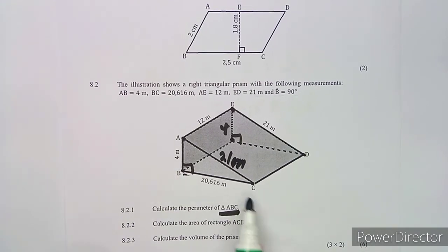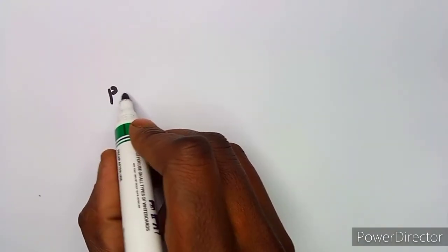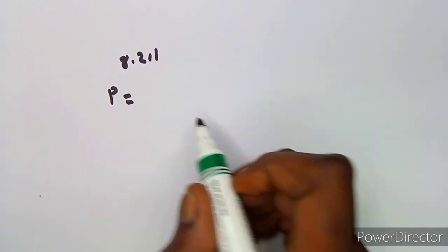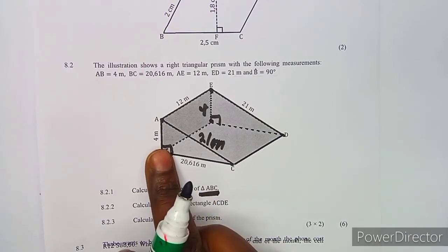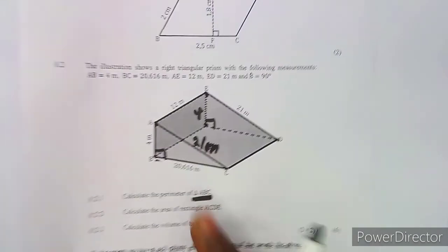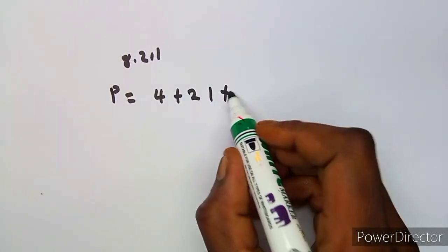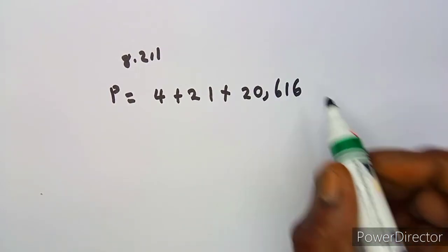Remember, guys, perimeter is the distance right round the shape. This is 8.21. So for perimeter, you add everything around the shape. Your perimeter is going to be 4 plus 21 plus 20,616 meters.